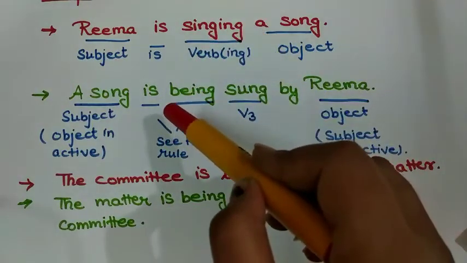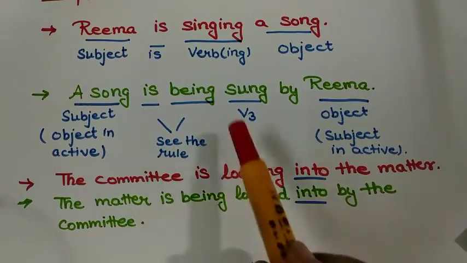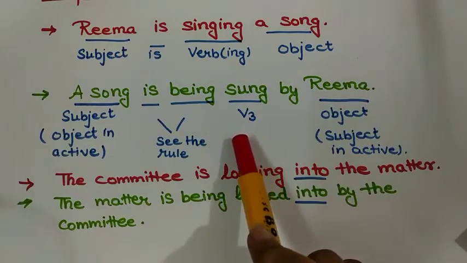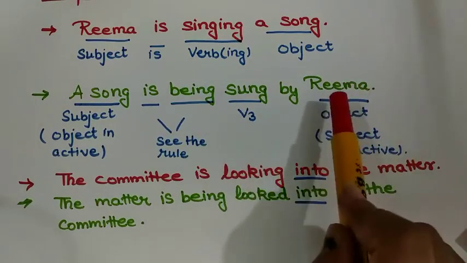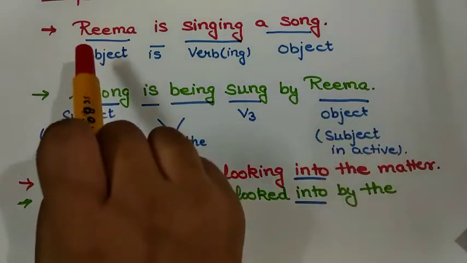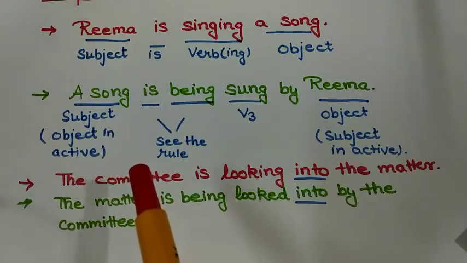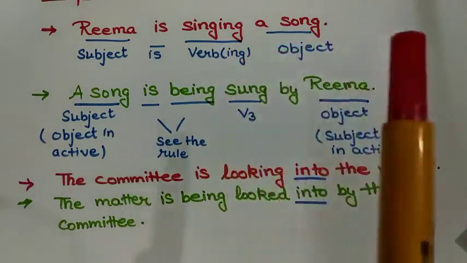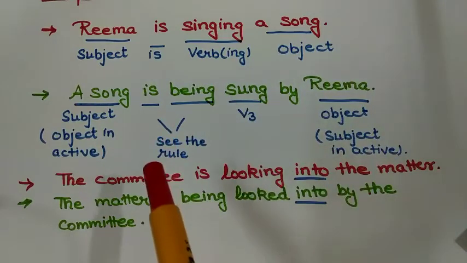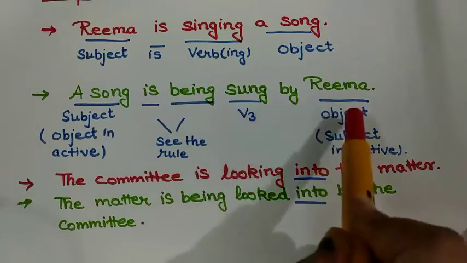Being is used here to show that our verb is in continuous form. Then comes the third form of the verb, and then by, and then Rima. Rima is the object here, which was the subject. So if in active voice the sentence is Rima is singing a song, in passive it will become a song is being sung by Rima.